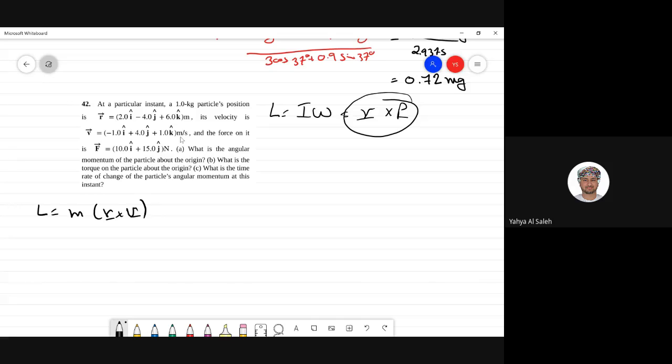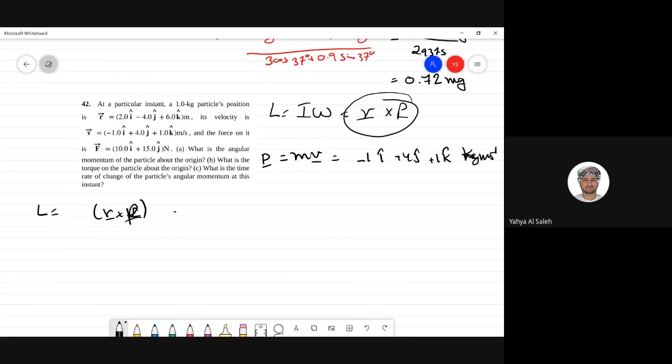Actually, I'm going to be doing r cross p directly. I have v, so my p is equal to mv. Since m is 1 kilogram, my p is simply going to be minus 1i plus 4j plus 1k kilogram meters per second.